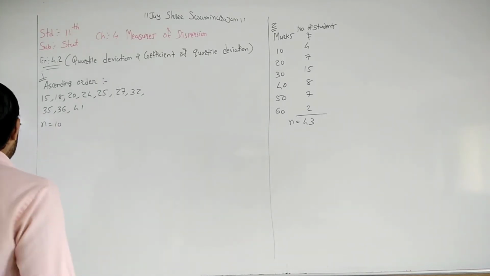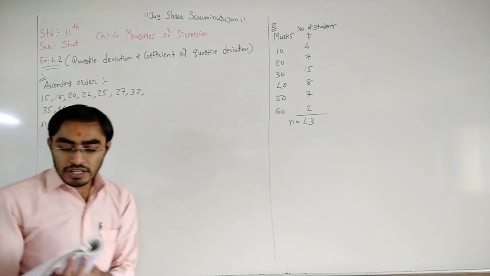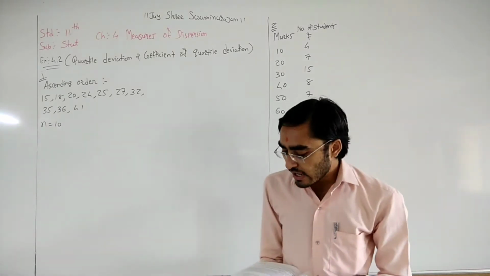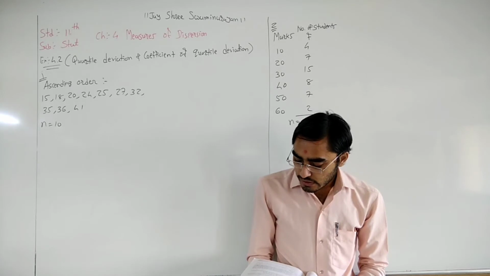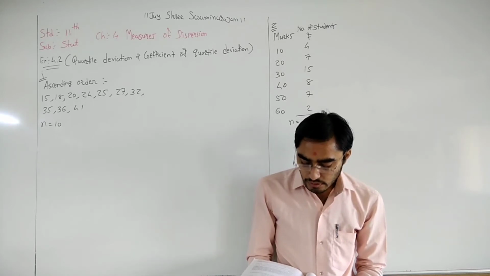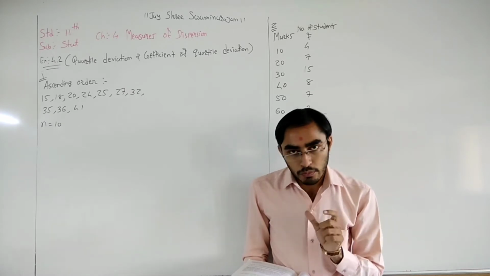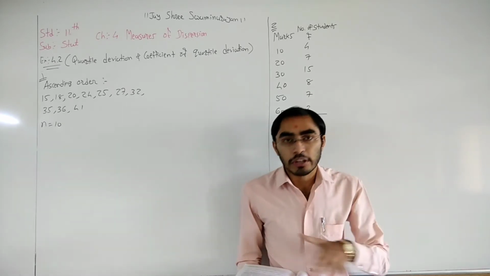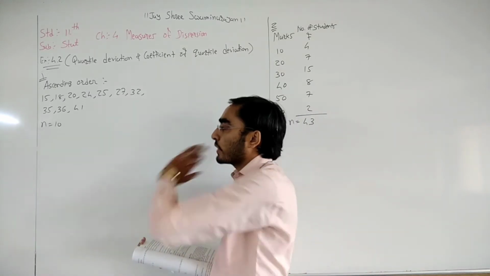First of all, take the question number 1. The shooter missed his target in the last 10 tries by the following distances during the practice session. Find the quartile deviation and the coefficient of quartile deviation of such distance missed by the shooter. Okay, so here distance missed by the shooter is given to you.